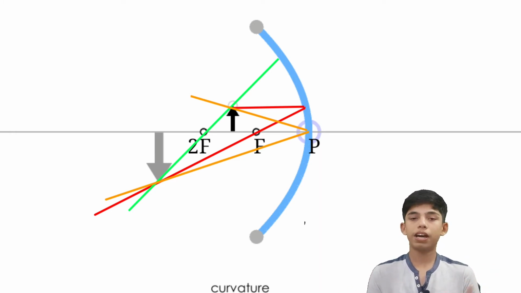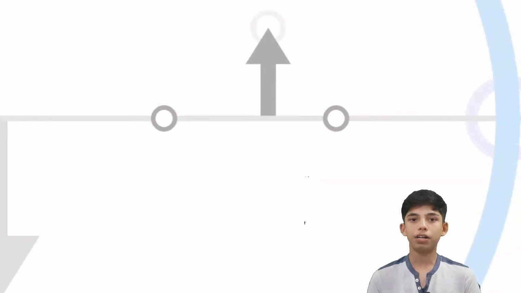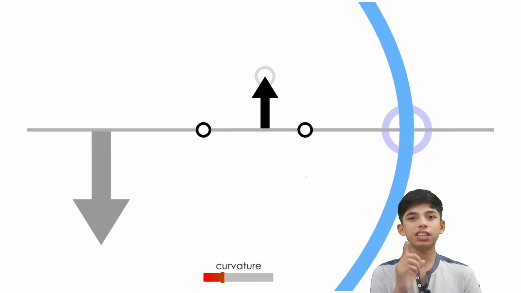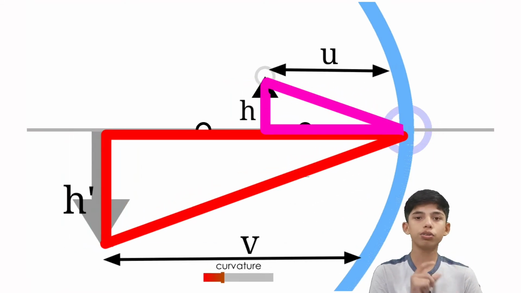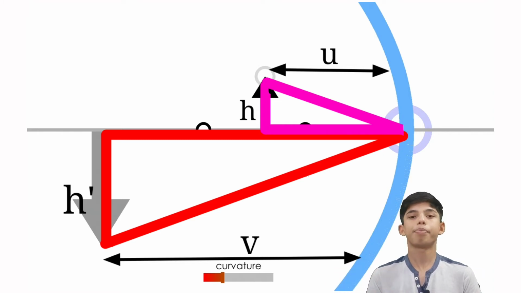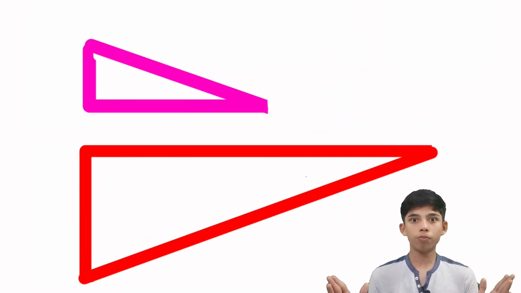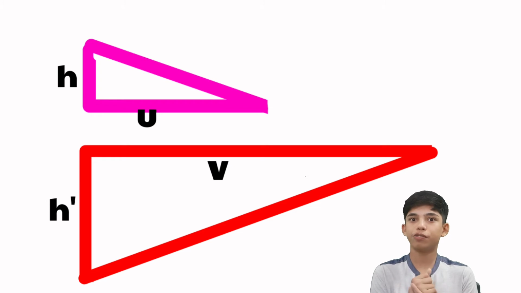So this was simply our ray diagram, but now we are going to go a little bit deeper. We are going to take these 2 triangles. You can see these colored triangles, and we are going to take them separately over here. These 2 triangles are not normal, they have a relation between them.